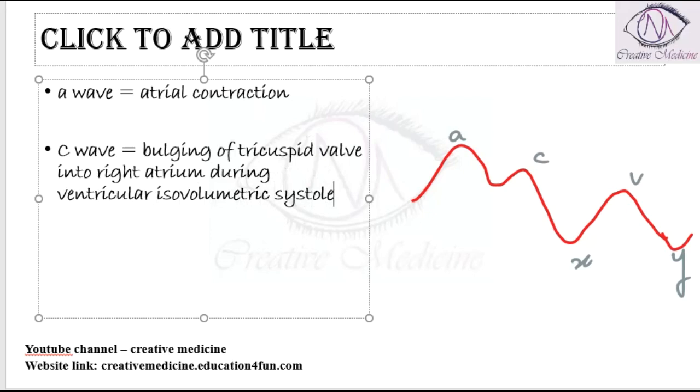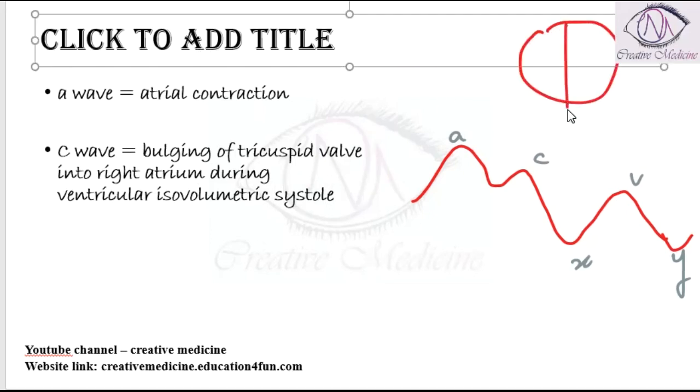If this is the heart, first, when the atria has contracted, atrial contraction will result in flow of blood into the ventricles and it results in A wave. Later, the whole blood has flowed from atria into the ventricles.